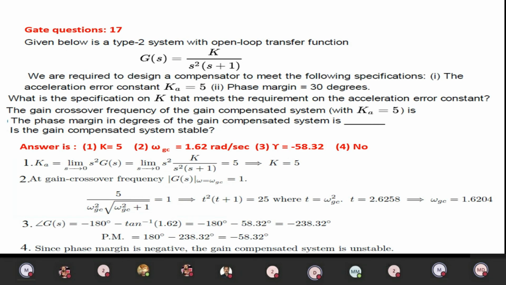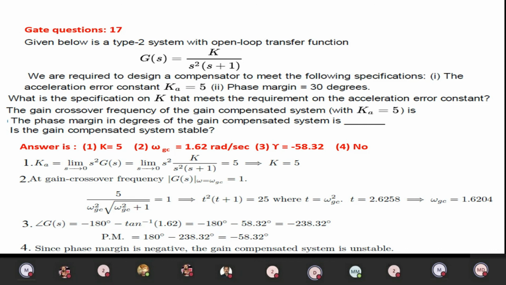So this is the thing, and then you can see the next last problem. The transfer function is given, so we have to determine the gain crossover frequency, phase crossover frequency, like that. So here you can see s squared divided by s squared into (1 plus s). So s squared cancels, limit s tends to 0, K becomes 5. Similarly, if you want to determine the gain crossover frequency, then you take the magnitude of G(j omega) equal to 1.